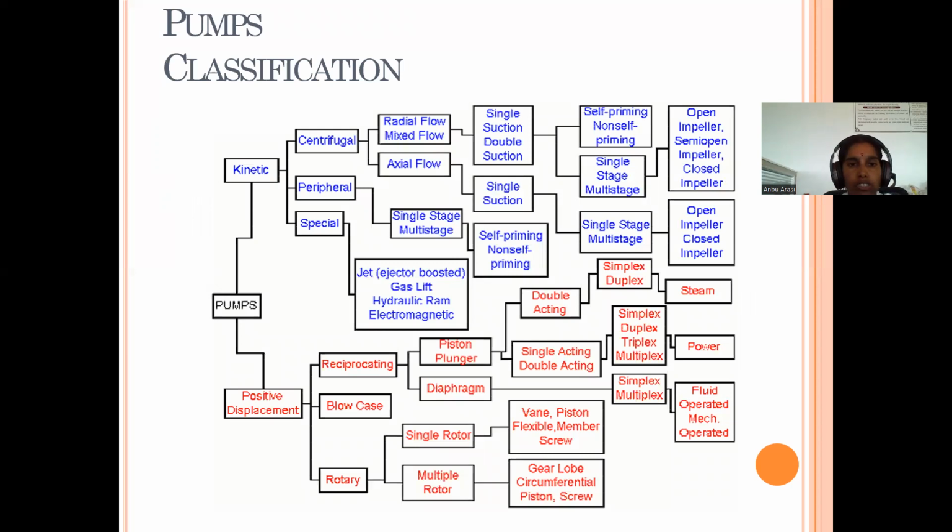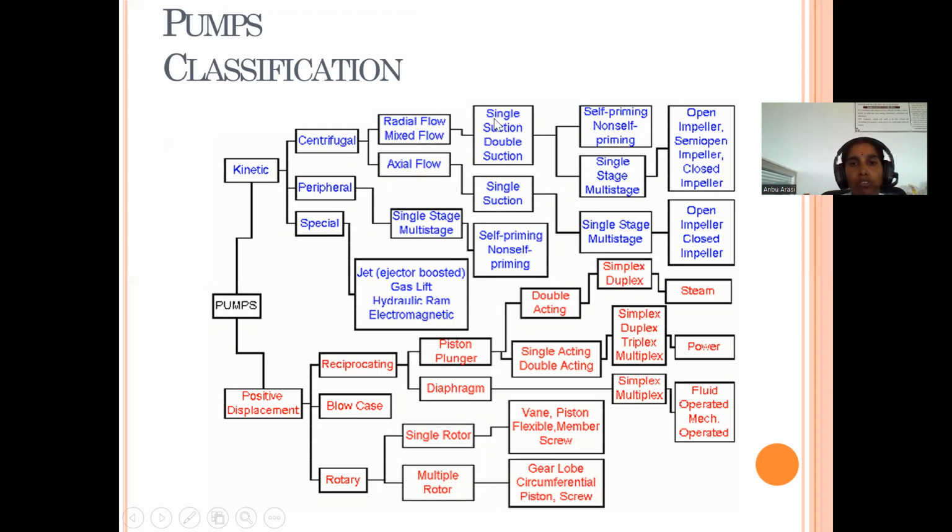Pump classification. Pumps are largely classified into two categories: kinetic pumps and positive displacement pumps. Kinetic pumps are again classified into three categories: centrifugal pump, peripheral pump, and special pump. In centrifugal pumps there are three types of flow: radial flow, mixed flow, and axial flow. Peripheral pumps are single stage or multi-stage. Special pumps include jet, gas lift, hydraulic ram, and electromagnetic pumps.